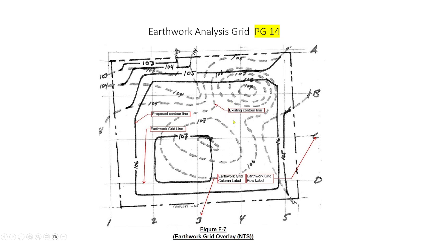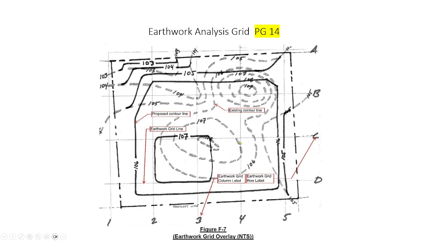So let's pause right now and let's talk about interpolating. Notice if I'm going to get the existing and proposed grade of this corner, there's no contour line there. Now it's really close to an existing grade, which is 107.